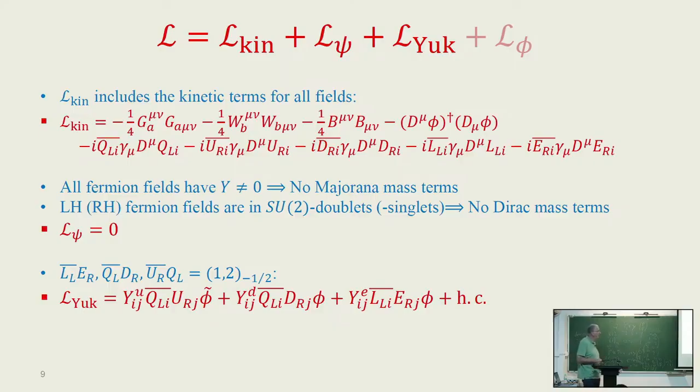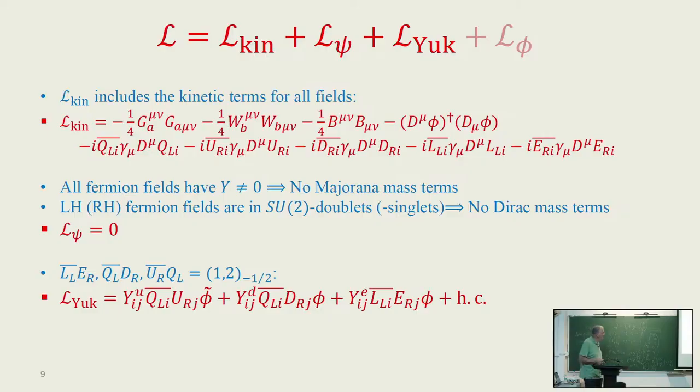So there are three 3x3 Yukawa matrices. One for the quarks with the U right, one for the quarks with the D right, and one, which we already saw in the leptonic standard model, for the leptons, plus the Hermitian conjugate of all of these. Phi tilde is phi dagger in its quantum numbers, with exchange of the upper and lower components of phi for mathematical reasons, but the quantum numbers of this is (1, 2, minus a half).